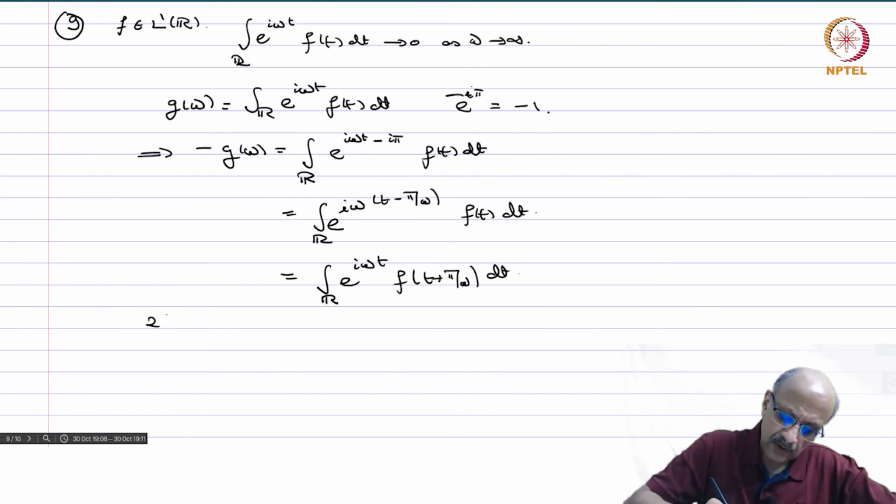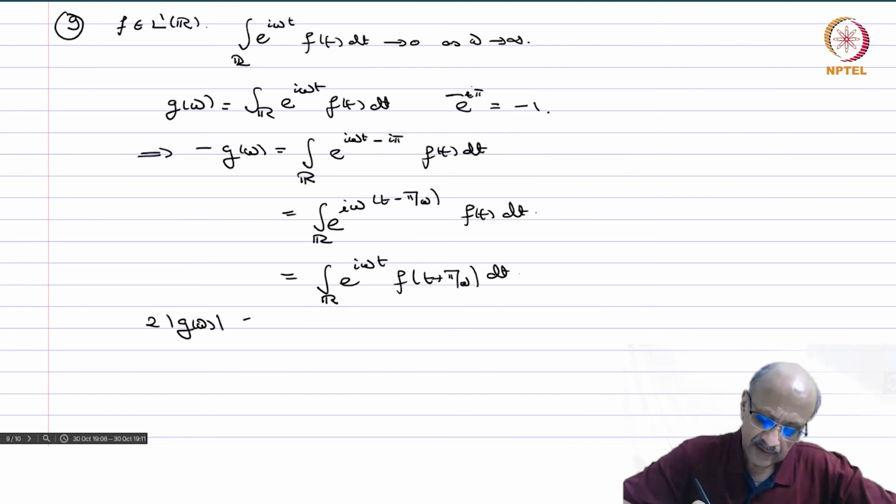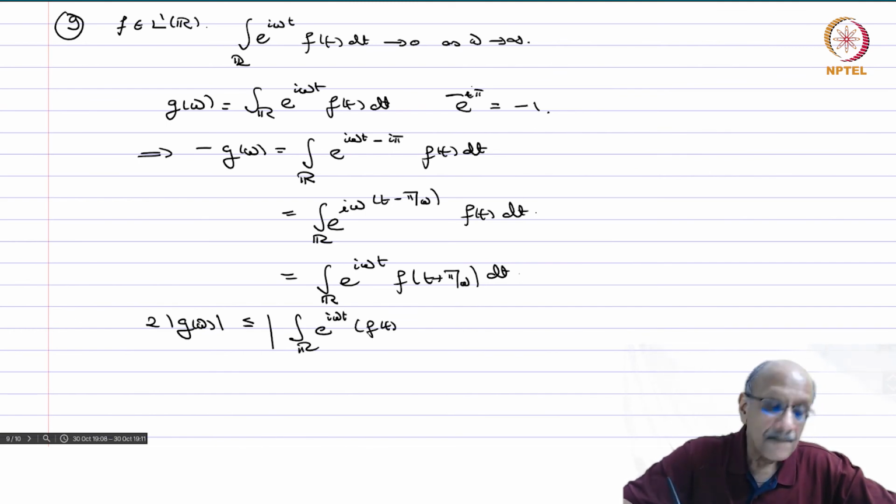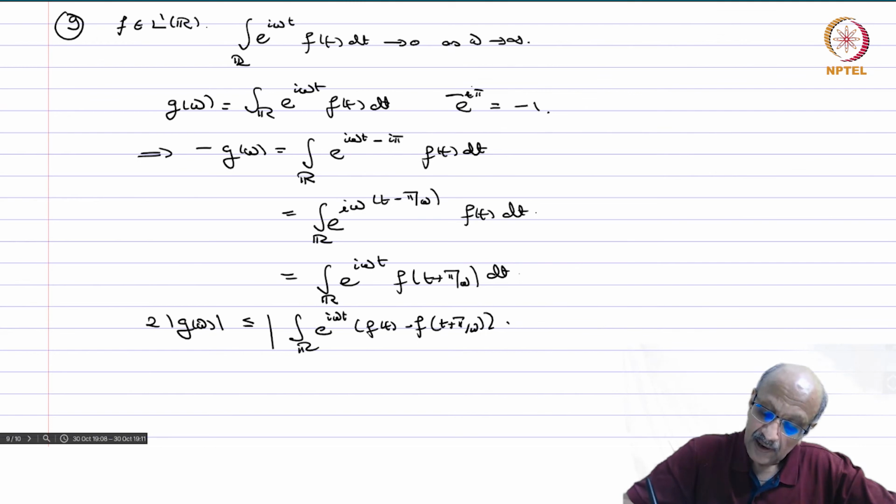Therefore, twice the modulus of g(ω) is less than or equal to the modulus of the integral over R of e^{iωt} times f(t) minus f(t + π/ω) dt.